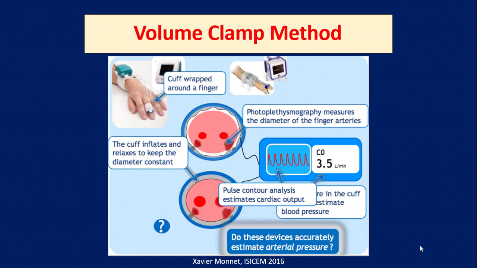During the pulse, when there is cardiac output, these small vessels expand and come back to normal. That is how we feel the pulse in the hand. So the cuff inflates and relaxes to keep the diameter constant. With the diameter constant, they measure the plethysmography, and pulse contour analysis estimates the cardiac output.